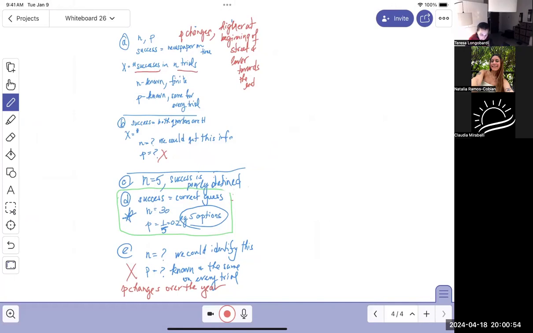For B, success is both quarters are H. And even though we could get the info, I don't think I did that one. I marked the wrong problem. I didn't do this one about the H's, heads.